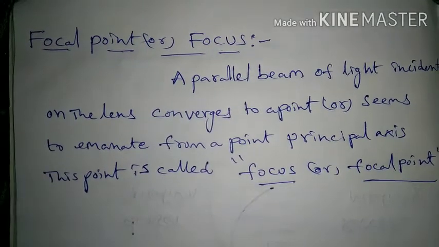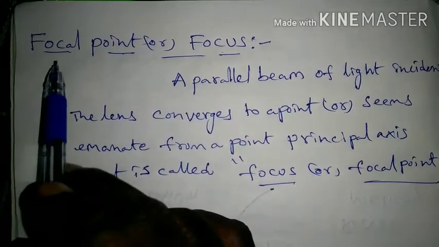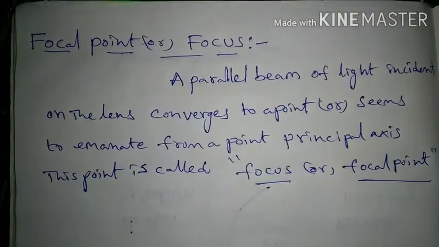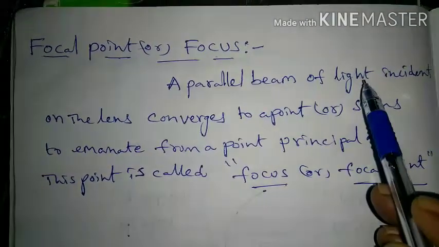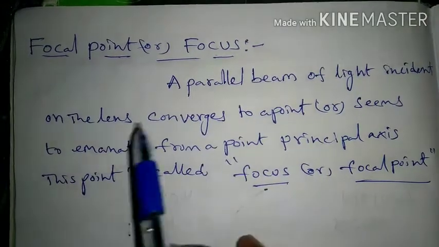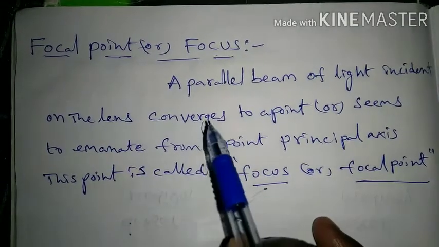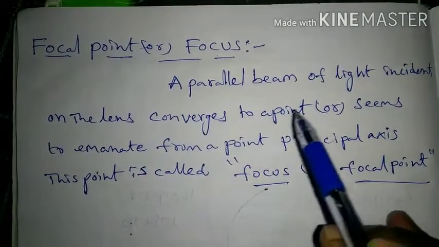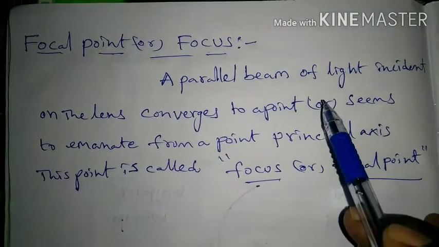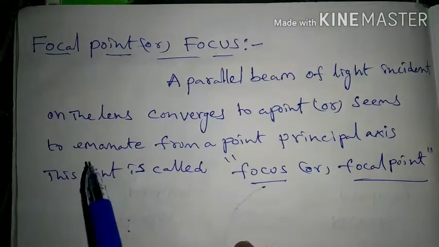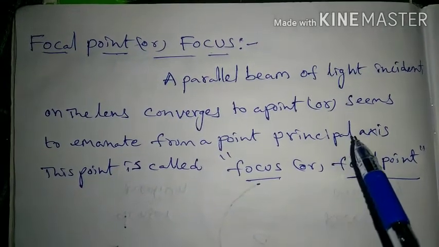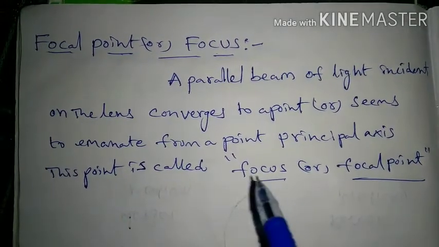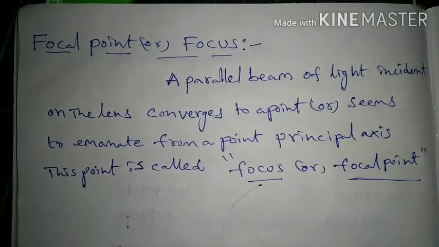See the definition. Define focal point or focus. A parallel beam of light incident on the lens converges to a point or seems to emanate from a point on the principal axis. This point is called focus or focal point.